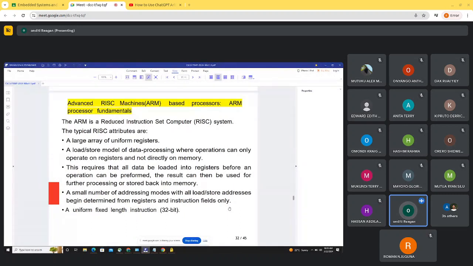Those two parameters always define the speed of a microprocessor, and that sits on what we call ARM, the Advanced RISC Machine. When we talk about RISC, we are talking about reduced instruction set computer. How are instructions handled within the microprocessor between several logical components of the microprocessor?